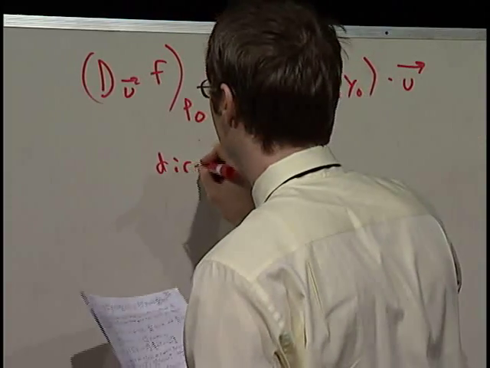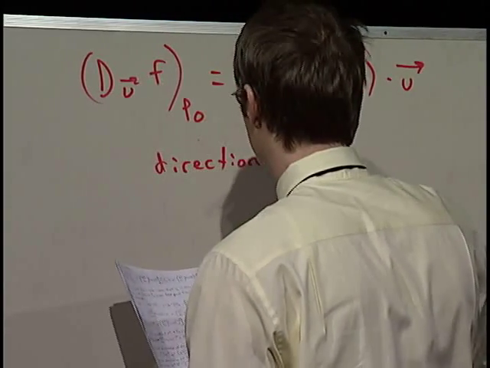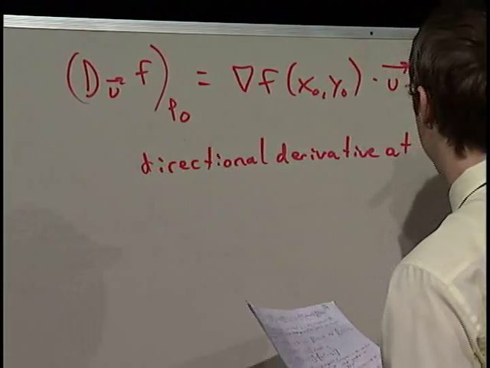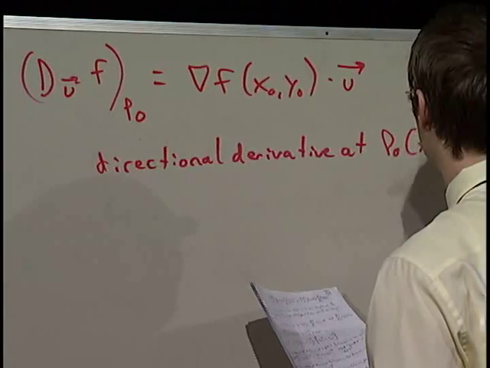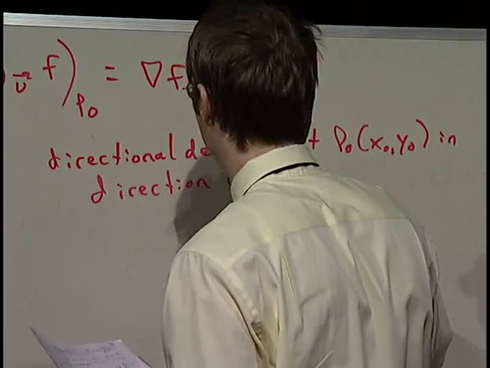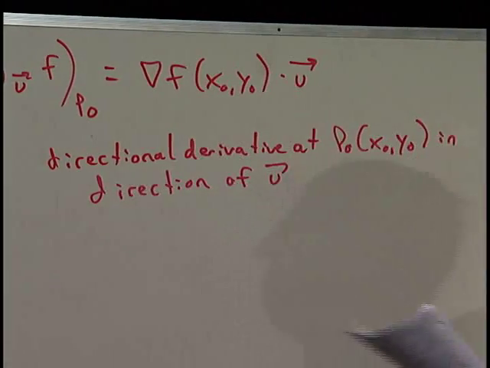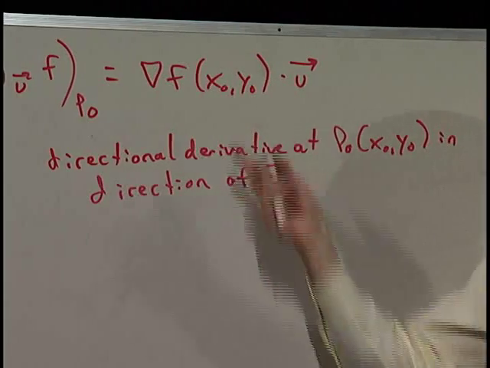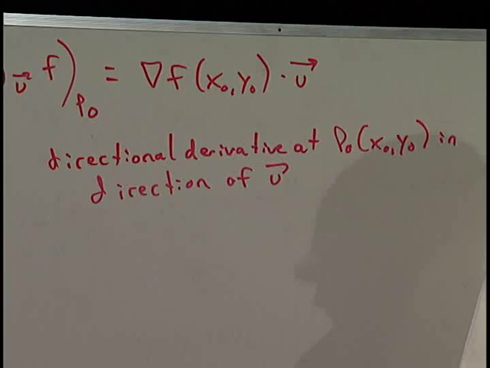And this is the directional derivative at p naught in the direction of u. Notice I'm not putting a vector symbol over this. It's not really standard to do that because it has its own notation, but the gradient is a vector quantity.